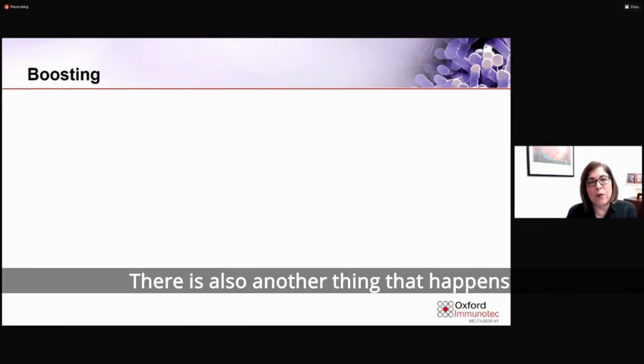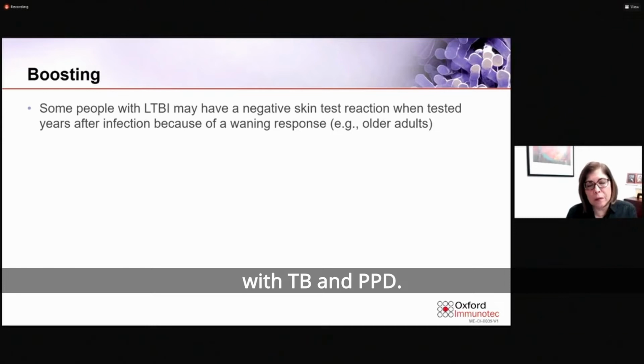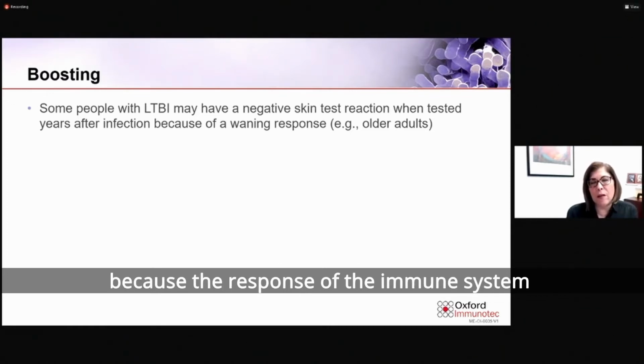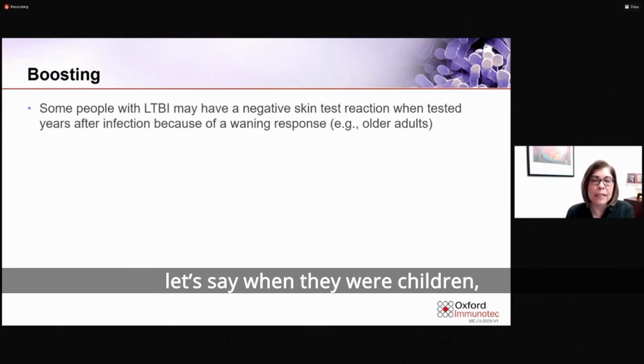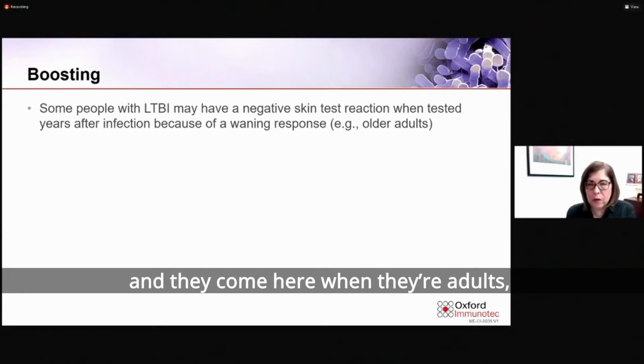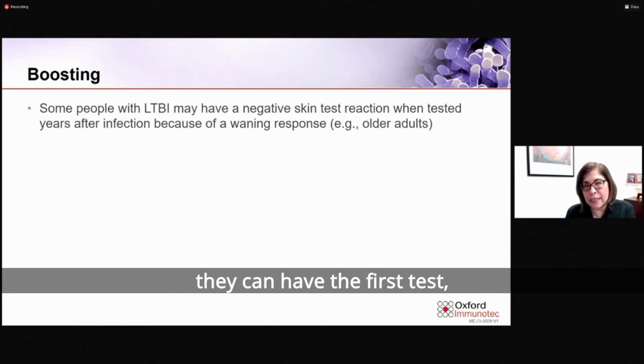There's also another thing that happens with TB and PPD. Some people that have LTBI for a long period of time can test negative on the TST because the response of the immune system wanes over time. So if they get infected, let's say when they were children, and they come here when they're adults, they can have the first test, the PPD, be negative.